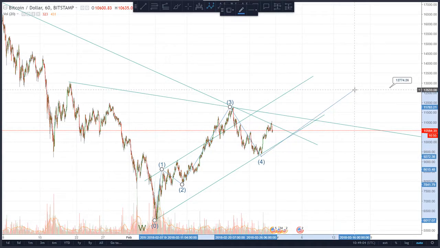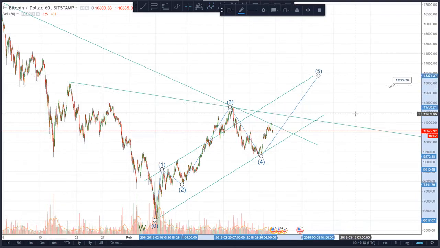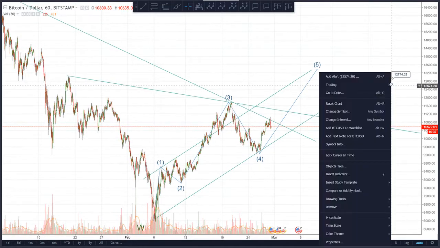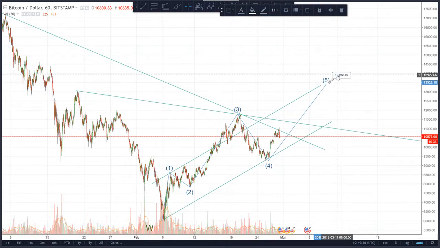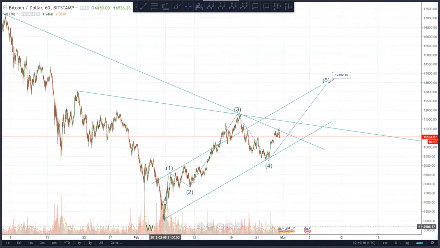And wave 5 is going to be up here. So that's a bit wide. When we're on the hourly time frame, not everything is to scale. So I'm expecting wave 5 to come to maybe around here. We can bring that across. Excellent.